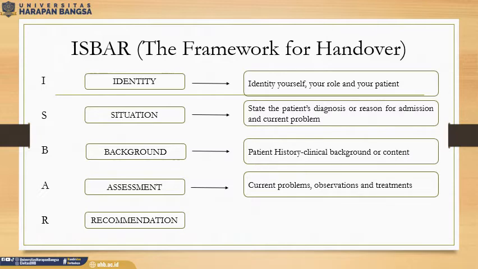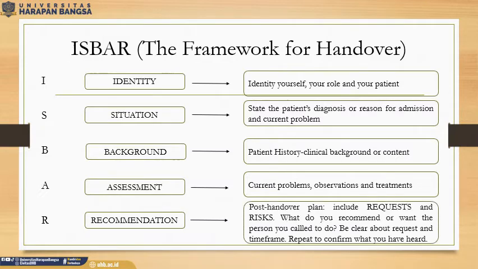And the last is recommendation. This is the post handover plan including requests and risks. What do you recommend or want the person you call to do? Be clear about the request and time frame, and repeat to confirm what you have heard.